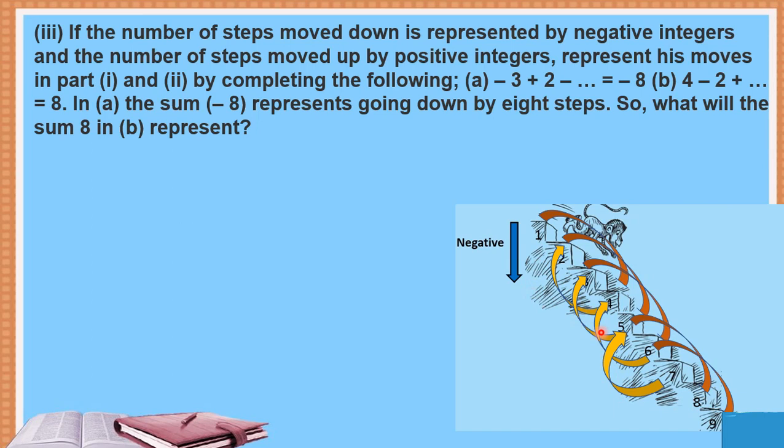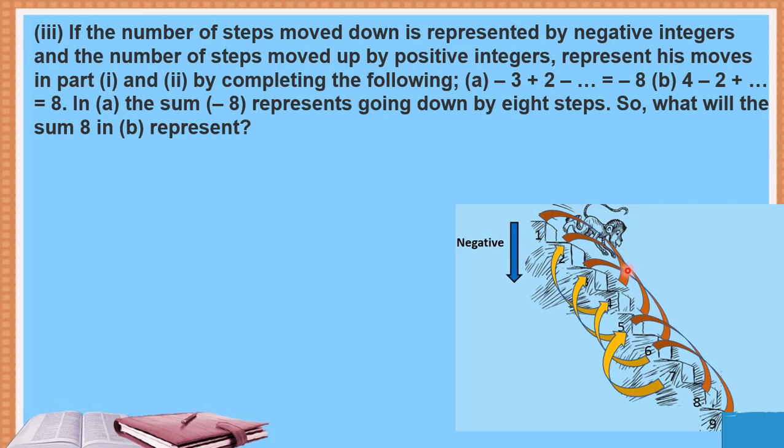But now we have to do the reverse. From the top, as he jumps towards the water level, we have to represent it by a negative integer, and the number of steps moved upside, we have to take as a positive integer.